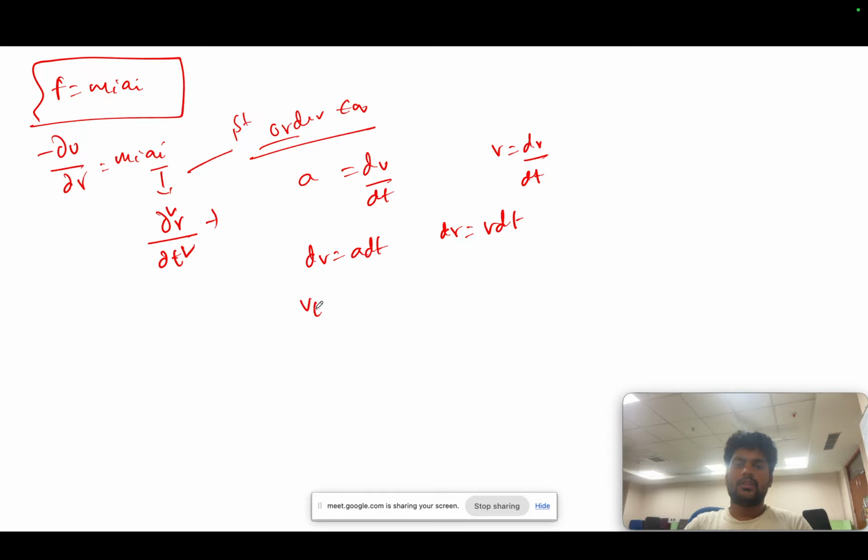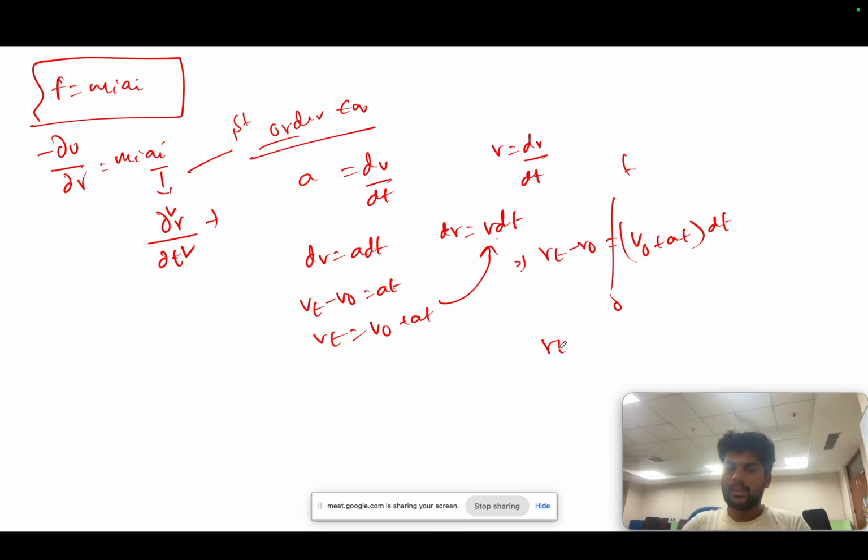So it will be Vt minus V naught equals a dt, so Vt equals V naught plus at. I will put this here. So it will be Rt minus R naught equals the integration from 0 to t of V naught plus at dt. Now it will be Rt equals R naught plus V naught t plus half a t square.